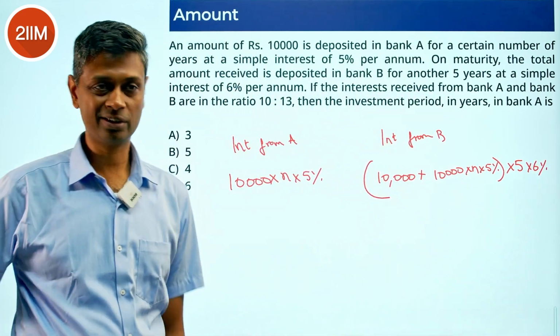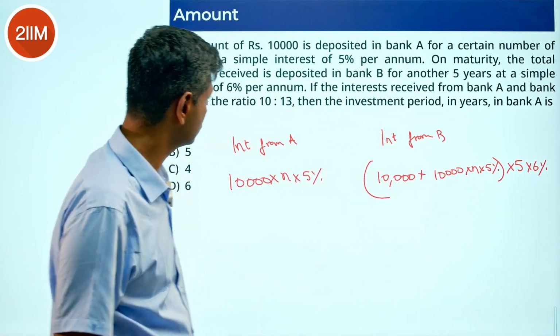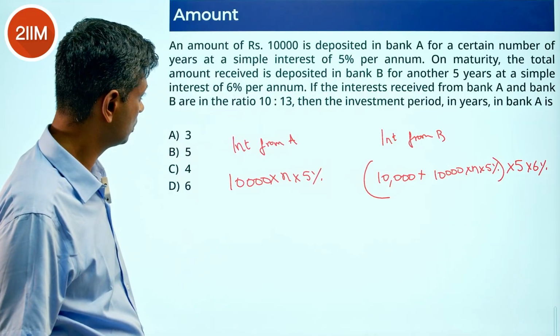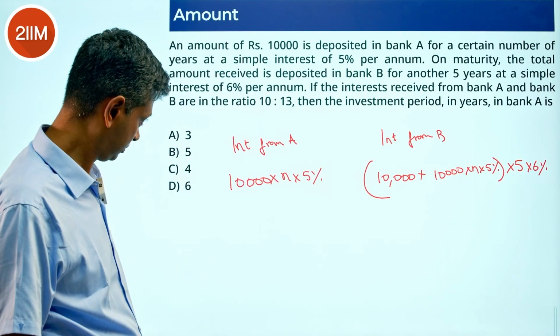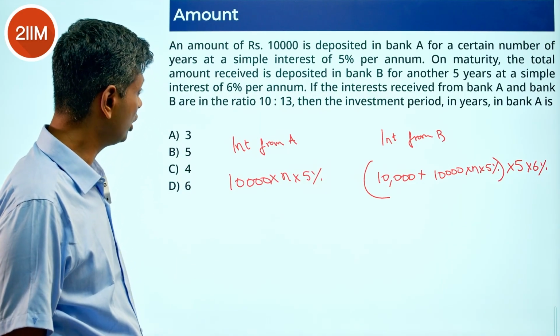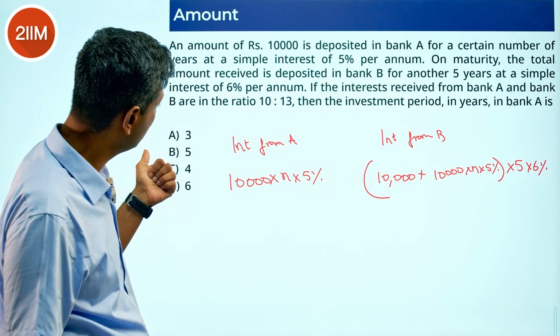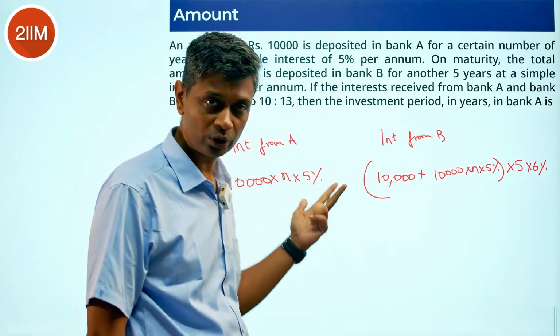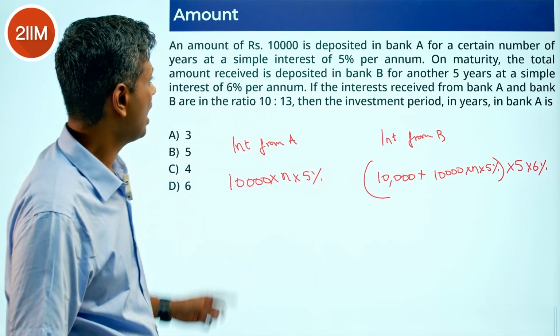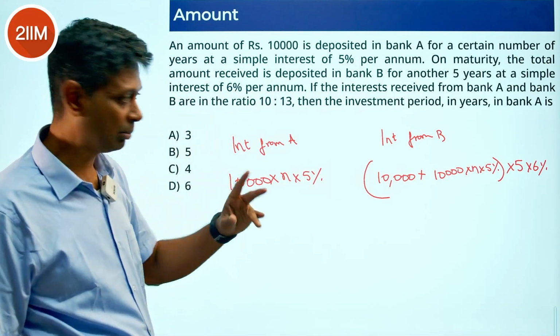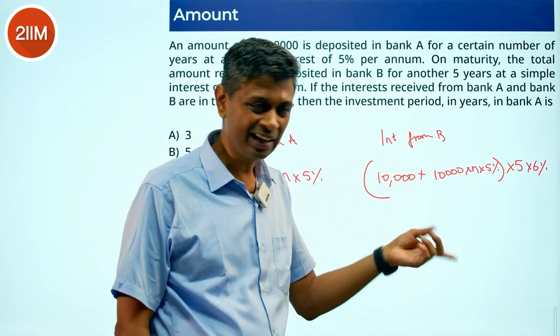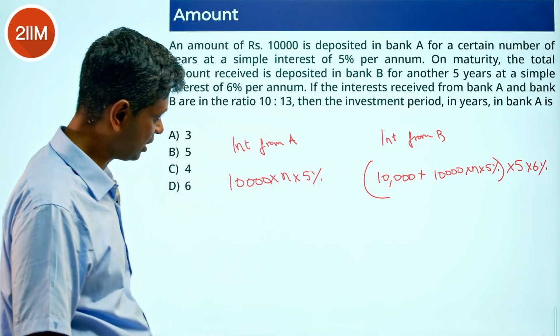This is the interest that we get from B. So 10,000 into n into 5% is the interest from A: principal, the number of years, into rate of interest. We have taken the whole amount, so the amount will be principal plus interest. On that we get simple interest, 5 years at 6%.